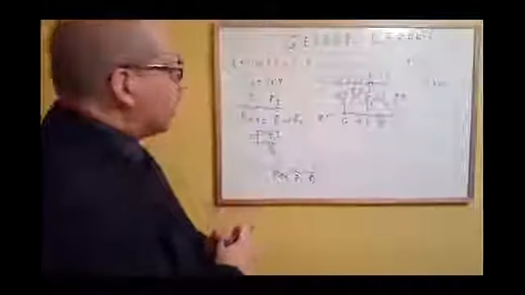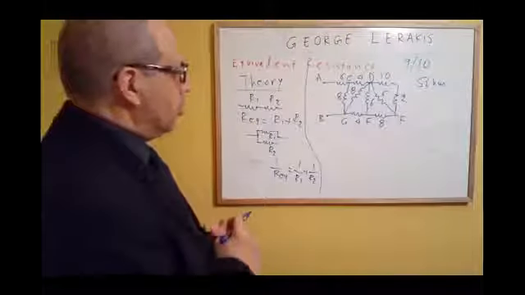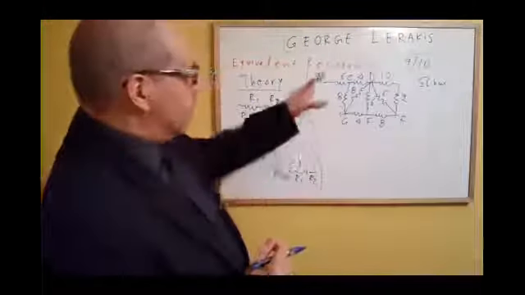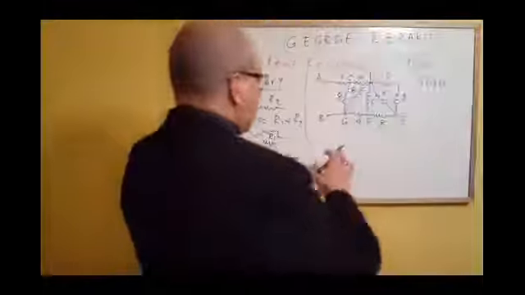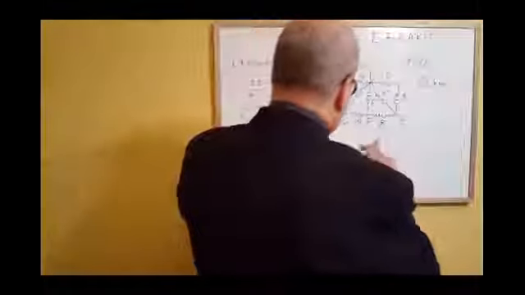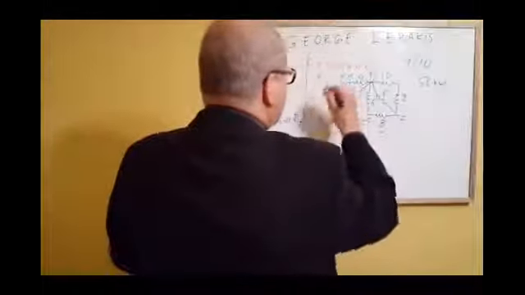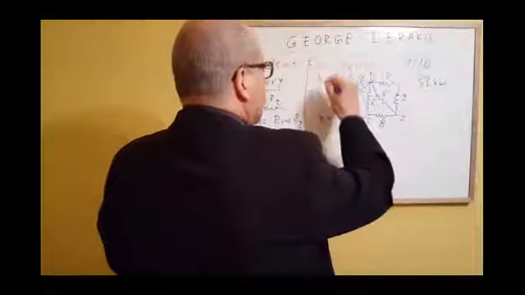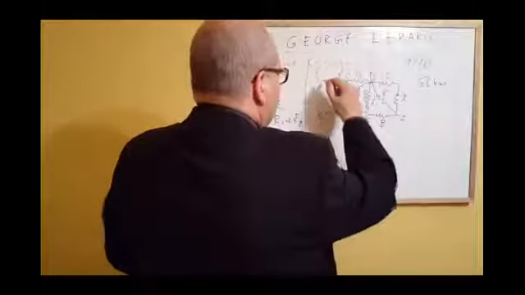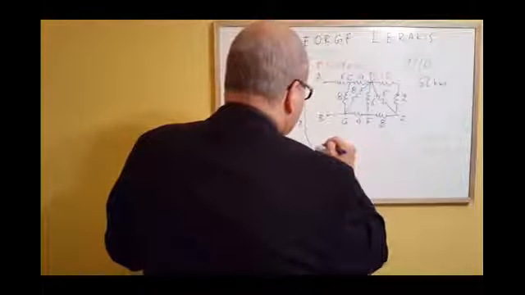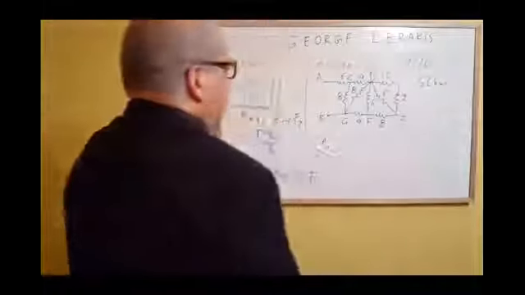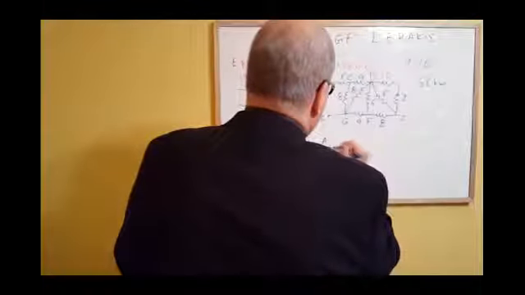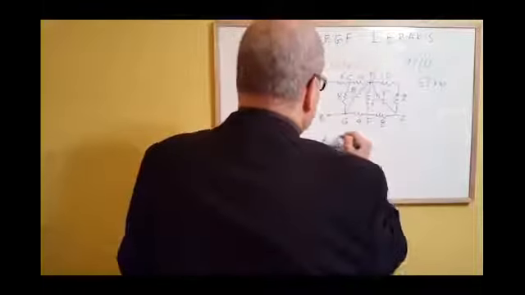Okay, so now what do we do? We try to break this circuit down into an easier circuit. As I said earlier, you can start from anywhere you want, but usually we start at the end of the circuit, so we can start from A. Now let's draw the first resistor, which is the 6.